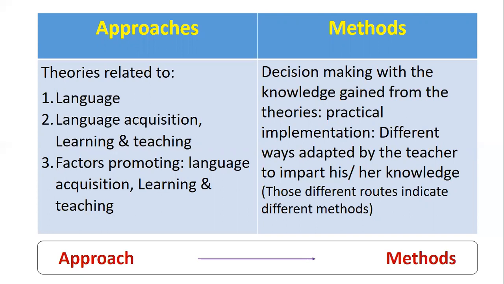Methods: decision making with the knowledge gained from the theories. Methods indicate the practical implementation. Different ways adapted by the teacher to impart his or her knowledge. Those different routes indicate different approaches, different methods. So from approach, we decide the methods.